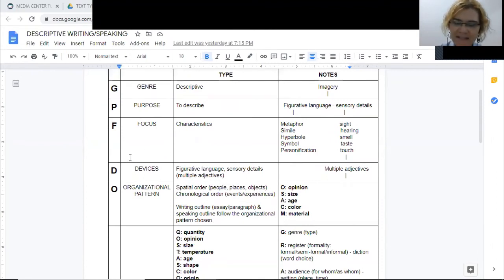Now, the devices that we use for descriptive writing are called figurative language, figurative devices. If we look at figurative language here, I made a summary for you. You see the building of imagery, and imagery means that you have a visual picture. You have this mind picture. Even though you don't see it, hear it, smell it, taste it, or touch it, you can see it in your head.